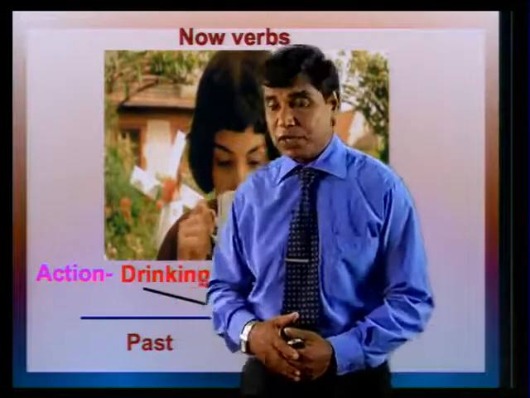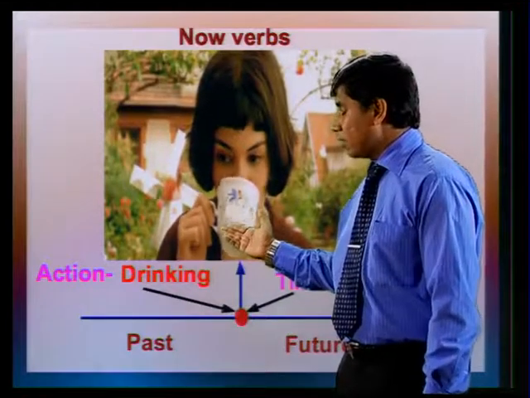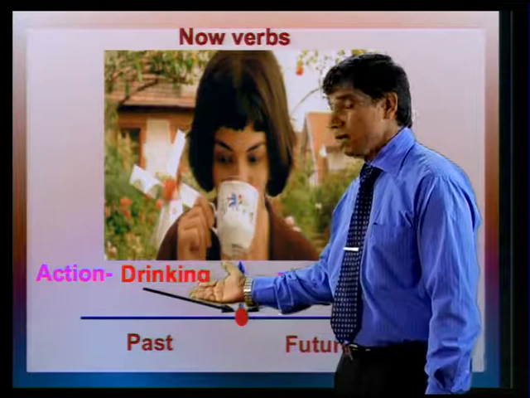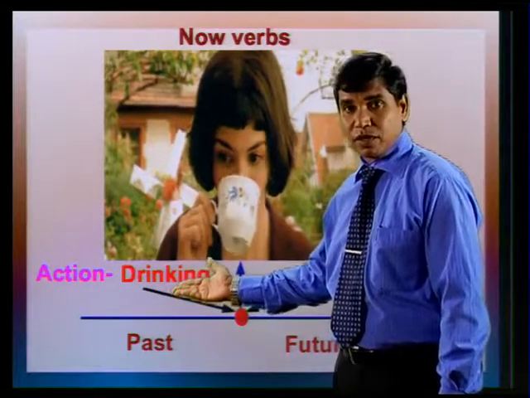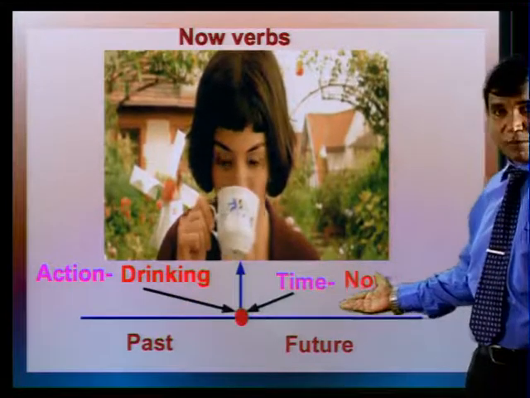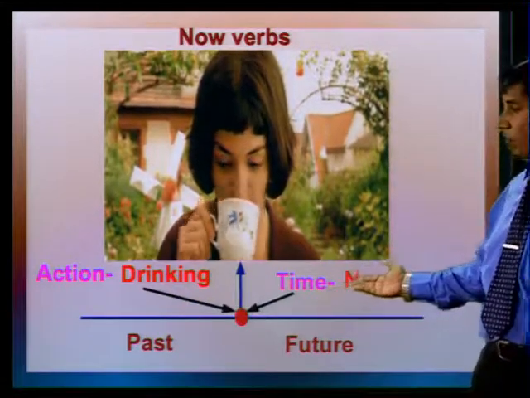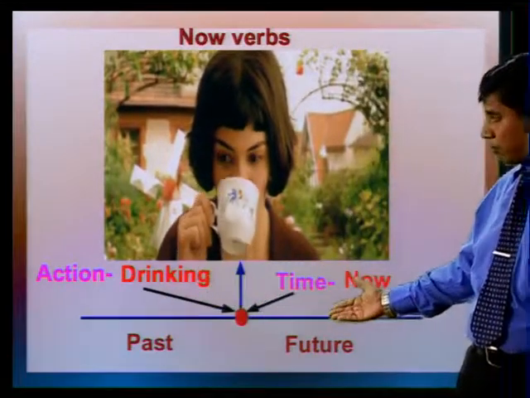Look here, the picture, it is a moving picture. The girl, yeah, she's drinking. The action is drinking. It is happening now. The time of the action is now. Not past, not future.